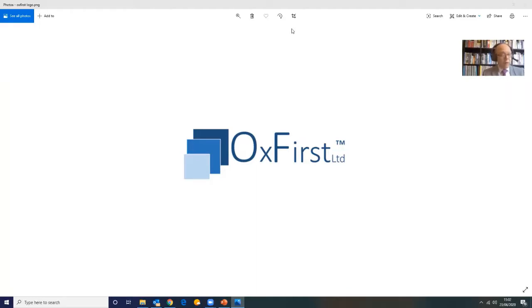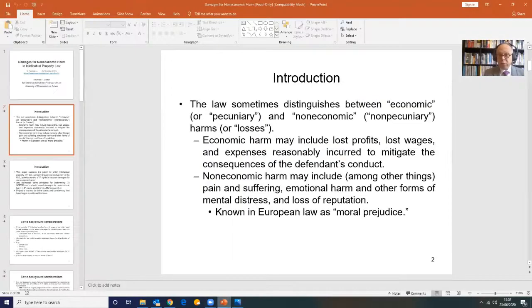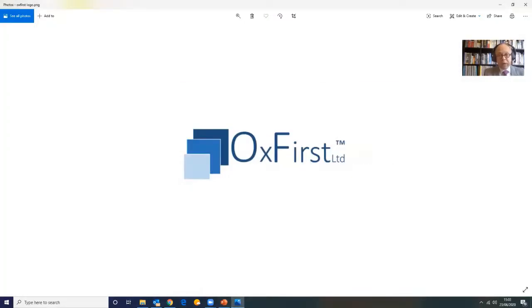law, in particular, sometimes distinguishes between so-called economic or pecuniary harms or losses or damages on the one hand, and non-economic or non-pecuniary harms, losses, injuries on the other. And there is no hard and fast distinction between economic and non-economic harm.